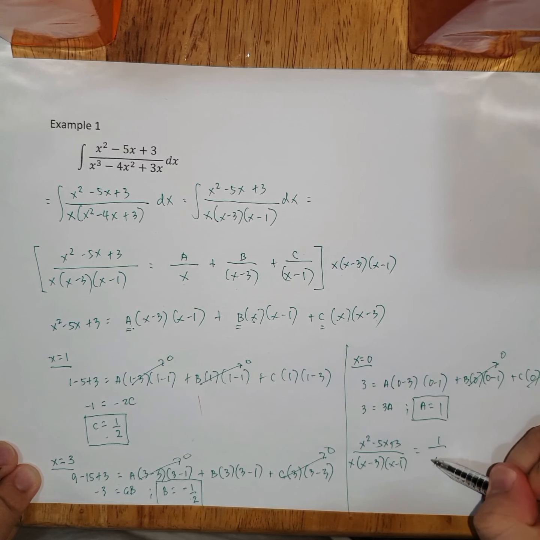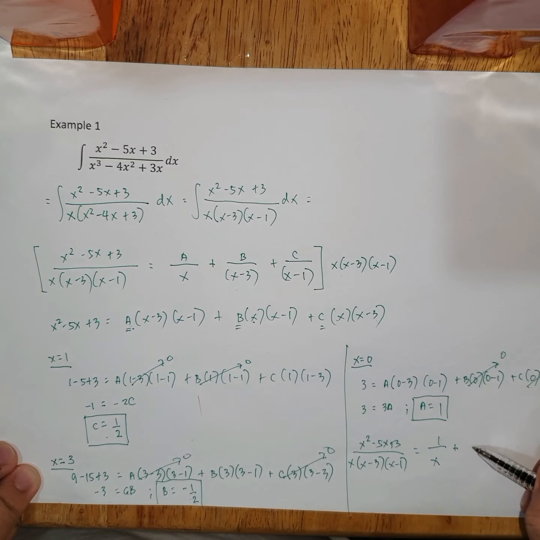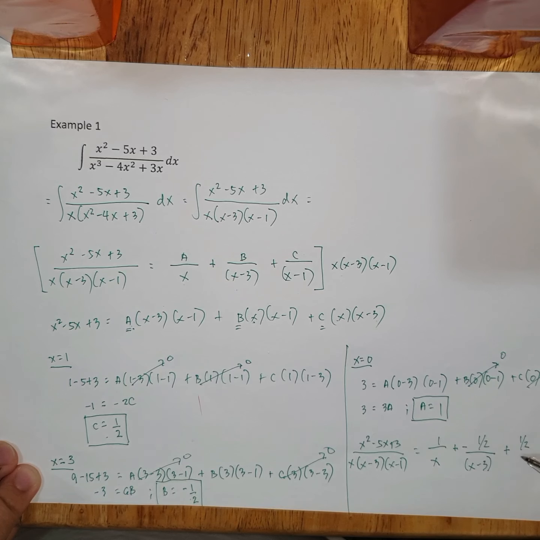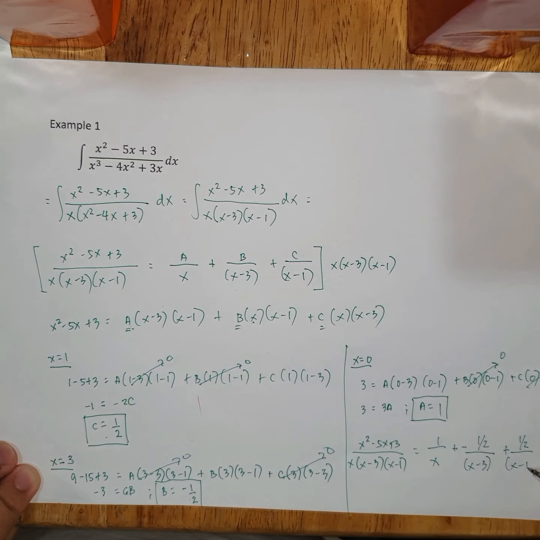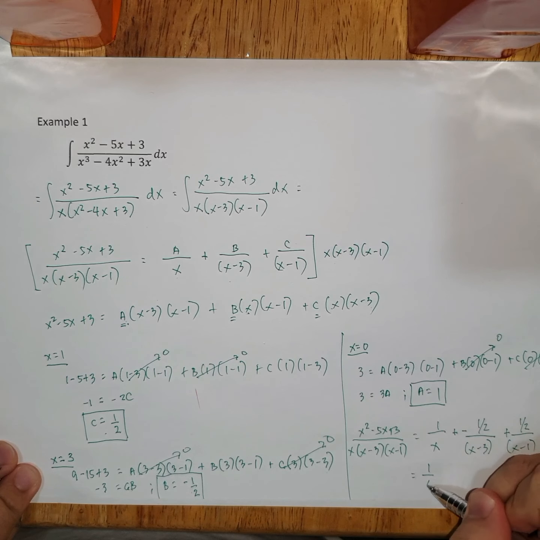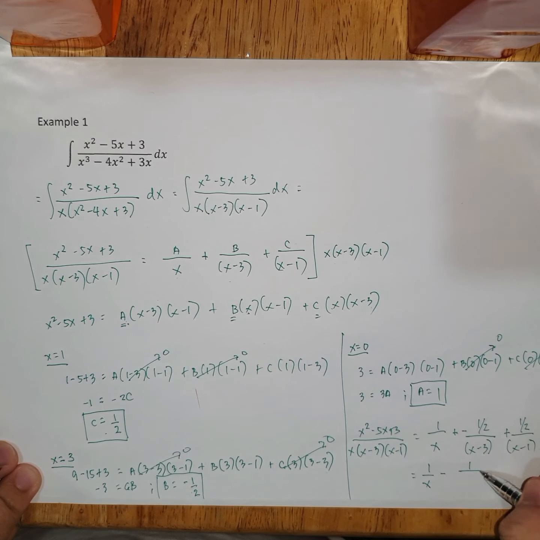So 1 over x plus yung b natin is negative 1/2 over x minus 3 plus 1/2 over x minus 1. Okay, and simplify natin. So equals daw siya sa 1 over x minus 1 over 2 times x minus 3 plus 1 over 2x minus 1.